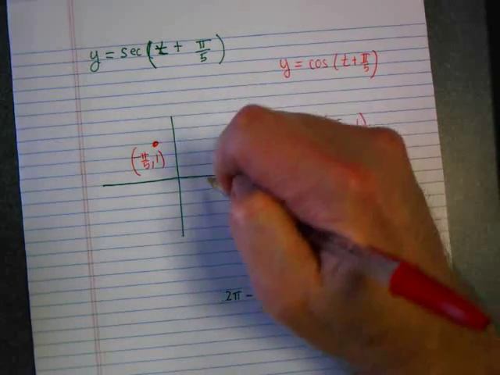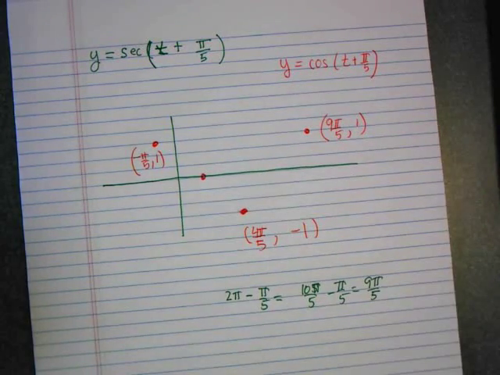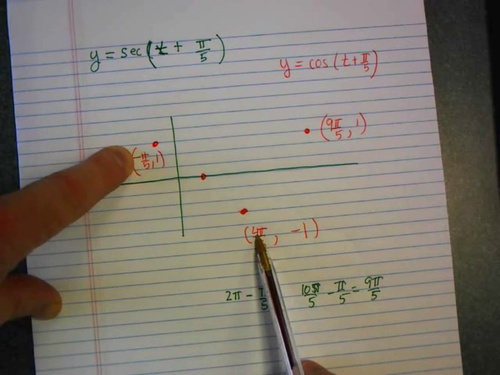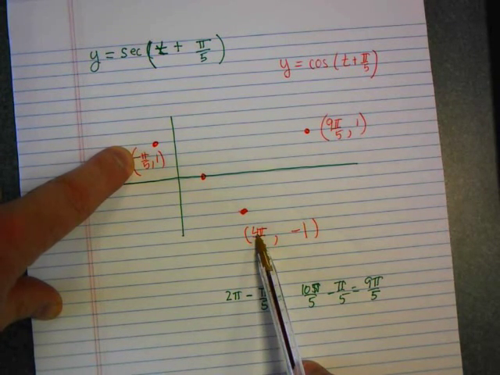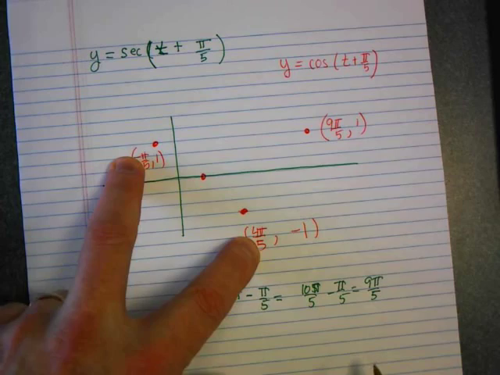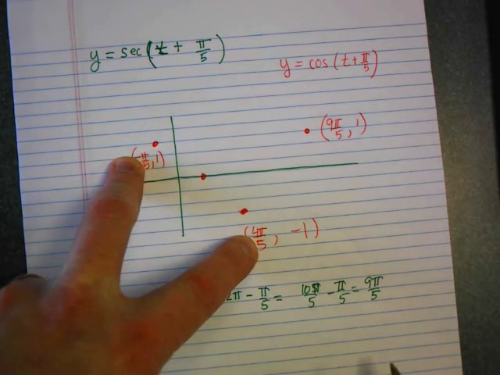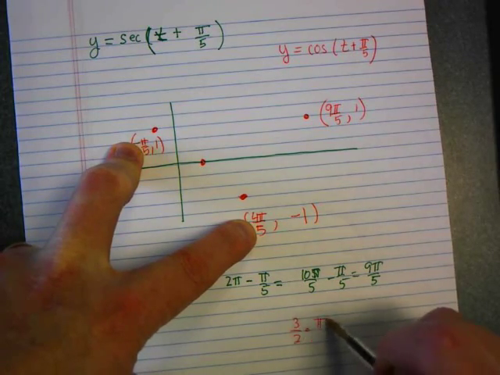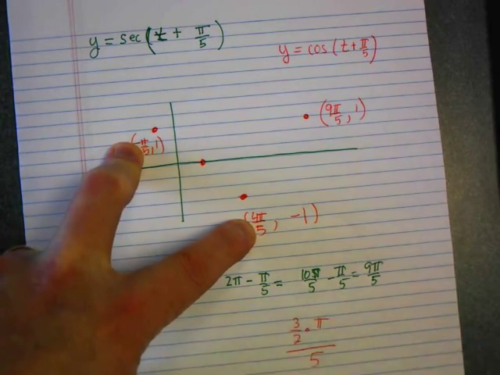All right, it's going to hit the axis halfway in between. So we have to be halfway between negative 1 and 4. That's one and a half, which I'm going to call 3 halves. So we're going to have 3 halves of pi over 5.